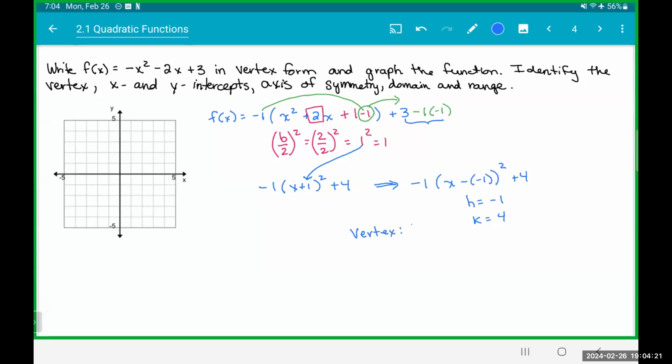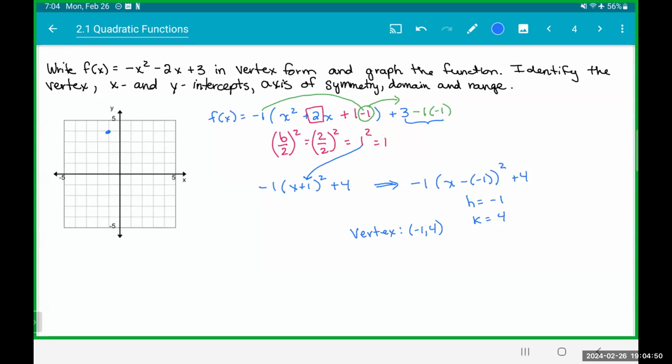My vertex is going to be negative 1, 4. We're graphing that, negative 1, 4. We do know that this is a negative, therefore we know that our graph is going to open downwards, right?